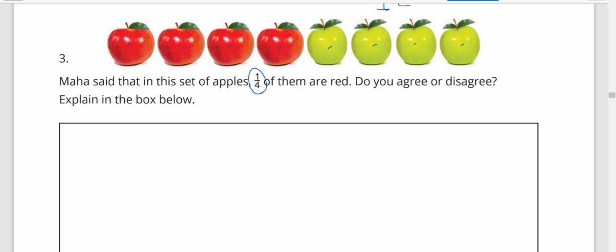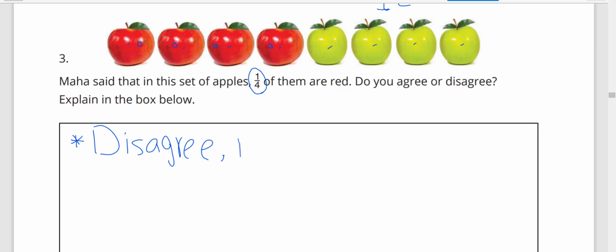Count the red apples, 1, 2, 3, 4. The whole is 8 apples and the red apples are 4. So 4 is half of 8. Disagree. The answer is disagree.